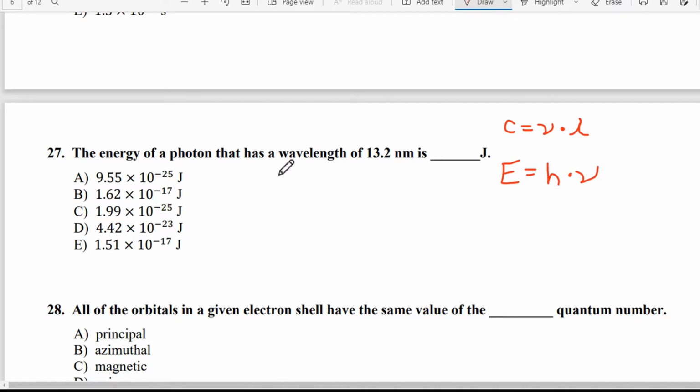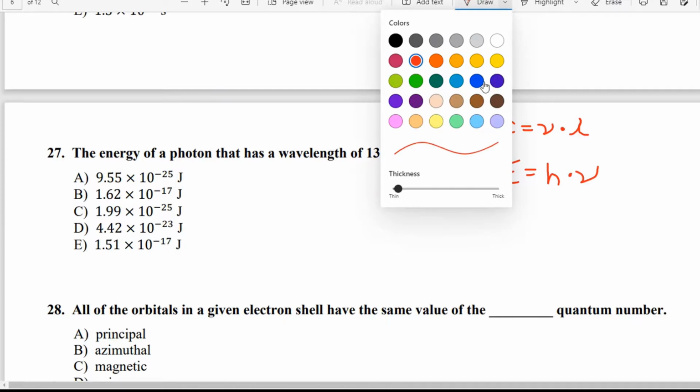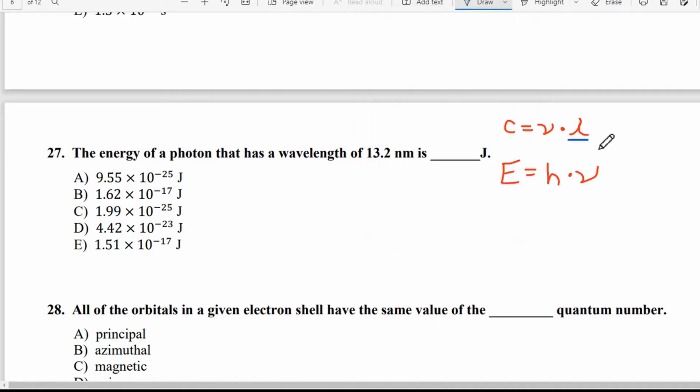Now in this case, I'm given the wavelength, and I'm asked to solve for the energy. Notice where the wavelength is. It's here. Now c, the speed of light, is probably a constant your professor will give you, but it's 3.00 times 10 to the 8th meters per second.